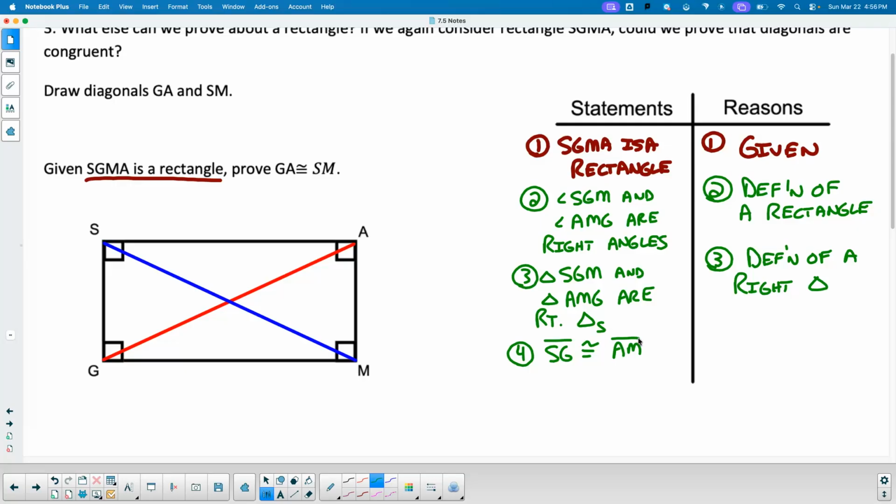And that reasoning is opposite sides of a rectangle are congruent.